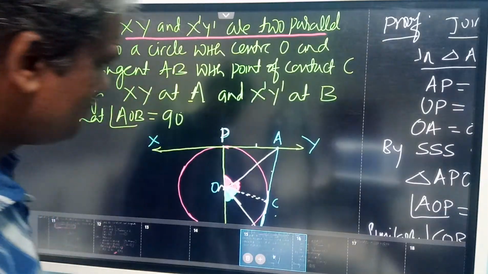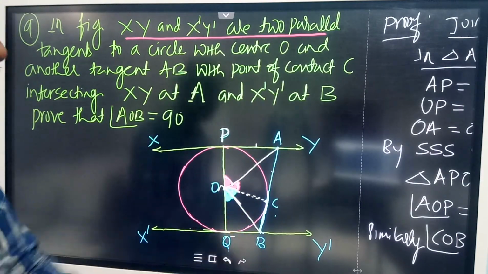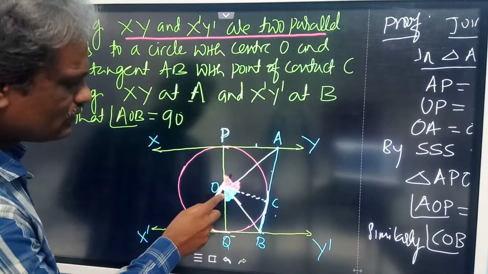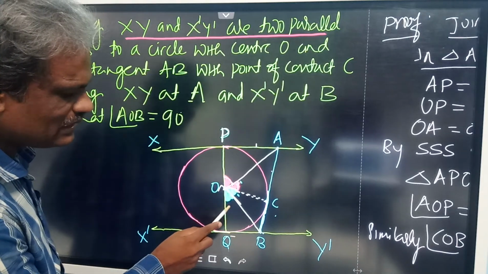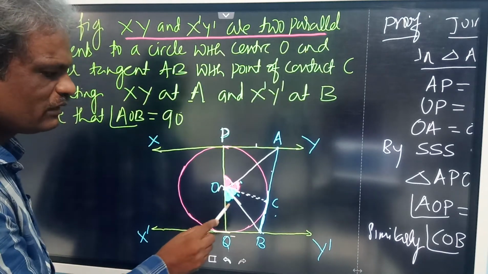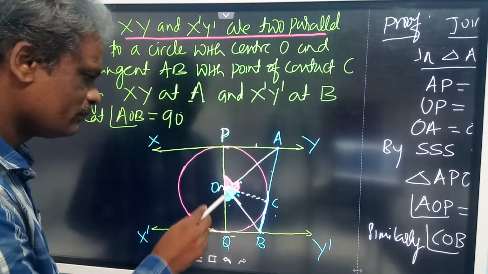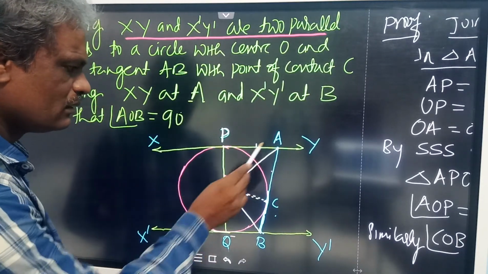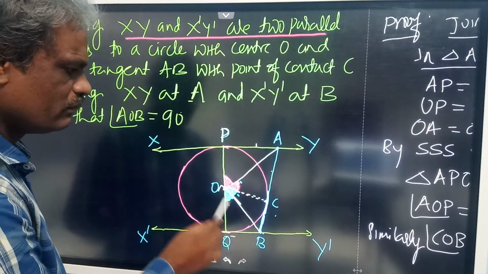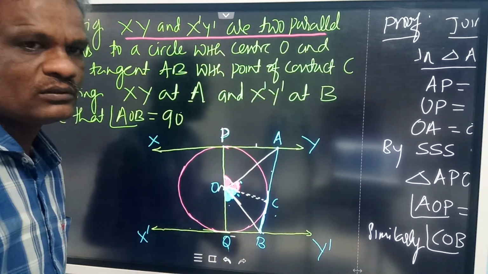Look at this angle, this angle, this angle, this angle: 1, 2, 3, 4 angles. What will be the sum of these four angles? AOP, AOC, BOC, BOQ.